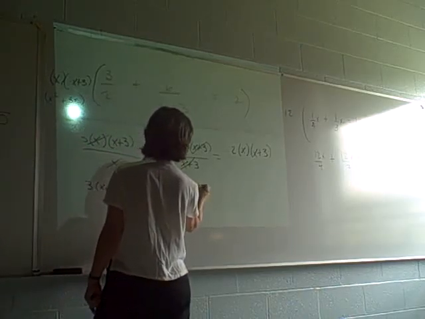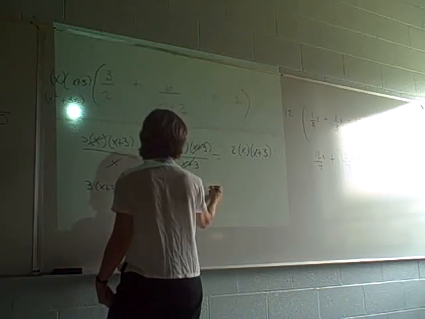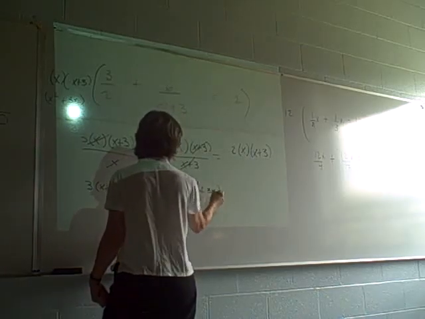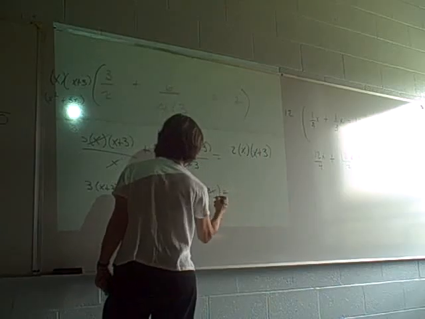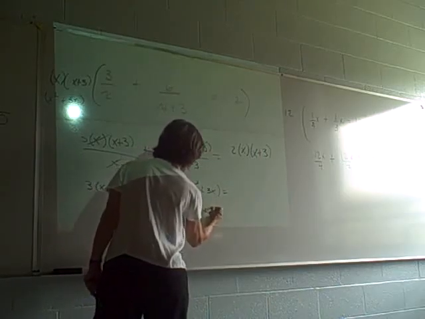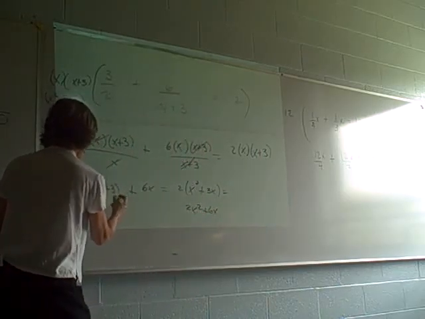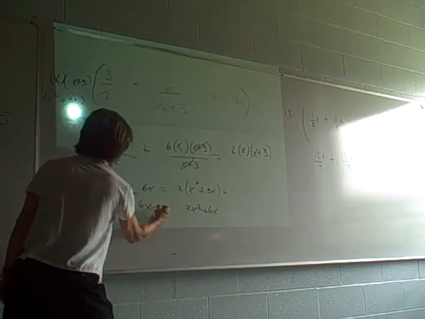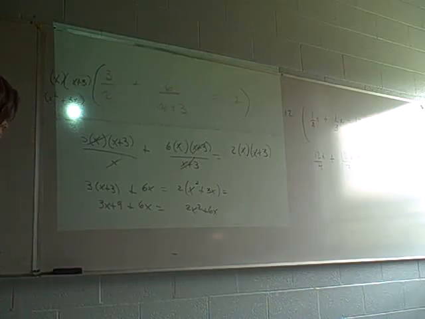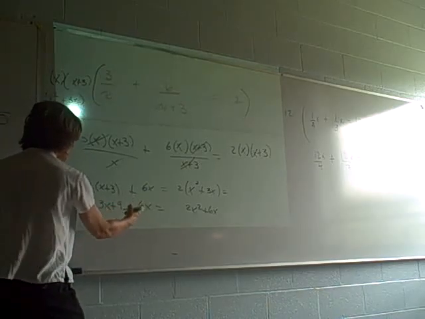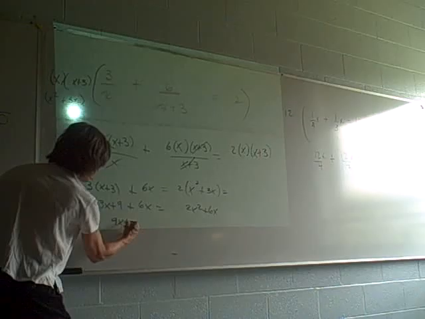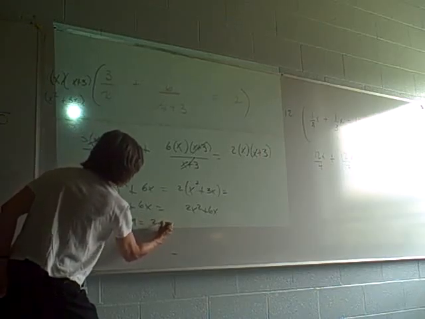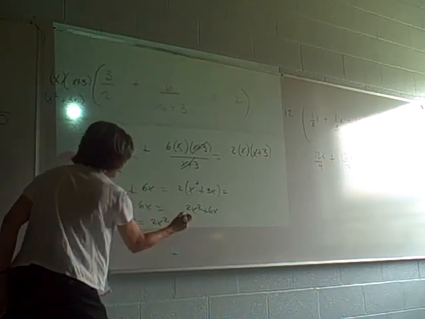Was that x squared plus 3x times 2, which is 2x squared plus 6x. So what do I have here? So 3x plus 6x is 9x plus 9 equals 2x squared plus 6x.